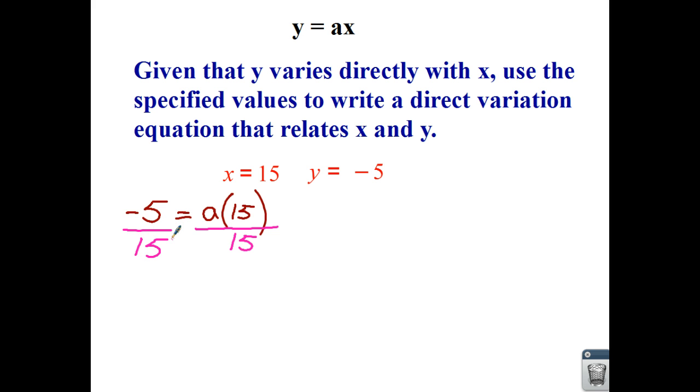So if we simplify that, your constant of proportionality a would be reduced to -1/3, and that's really your slope. If we put it into y is equal to mx, your slope is going to be your rate of change, which is -1/3.